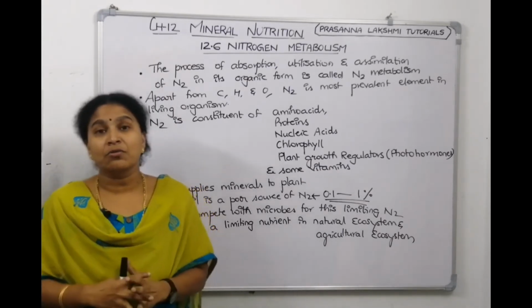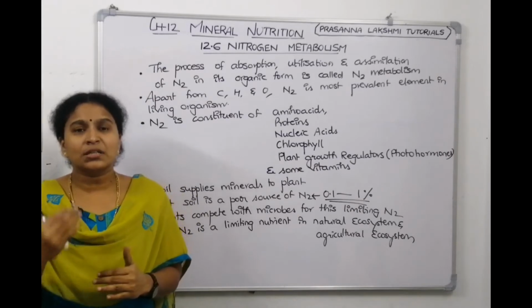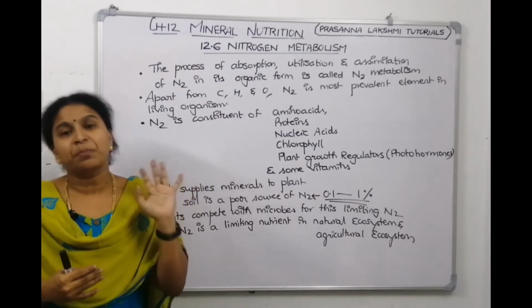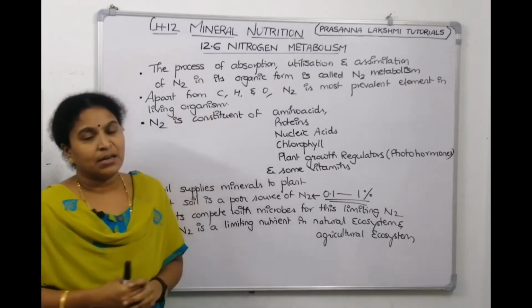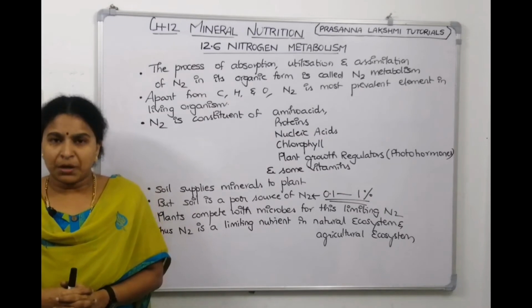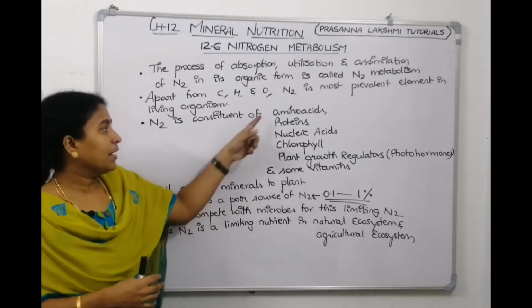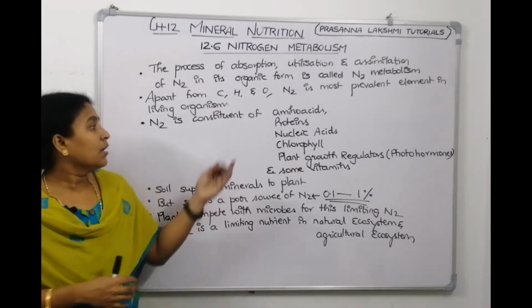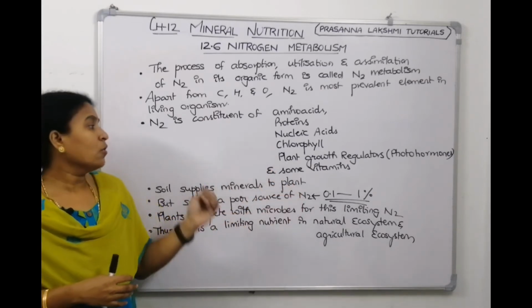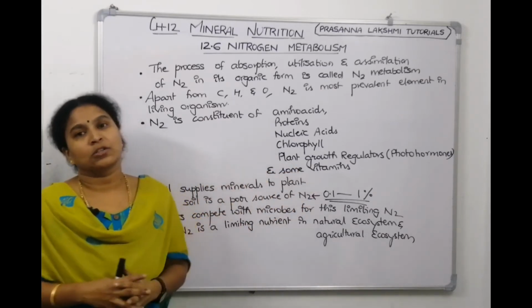It is a macronutrient. How much concentration is required? After CHO, nitrogen is the most prevalent element in living organisms. Why do living organisms require that much nitrogen? Because it's a constituent of amino acids, proteins, nucleic acids, chlorophyll. It makes plant hormones also. It is present in plant vitamins also.